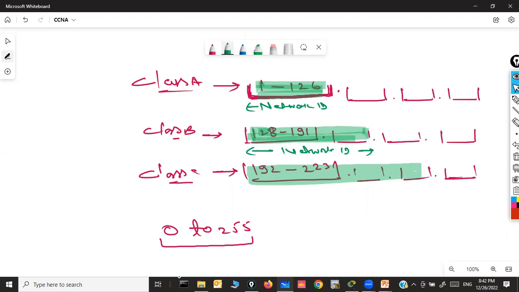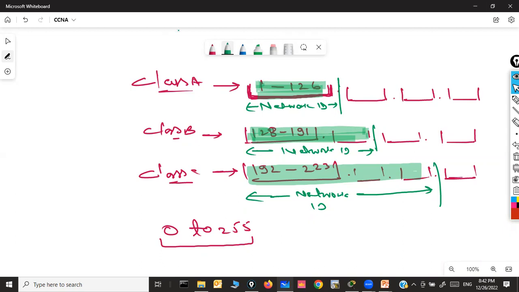In class A, only the first octet, and in class C, these entire 3 octets are the network ID, right? Up to here. So basically in class A, B, and C, in all 3 classes, right?